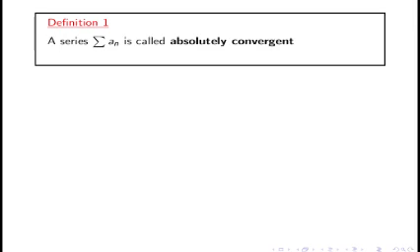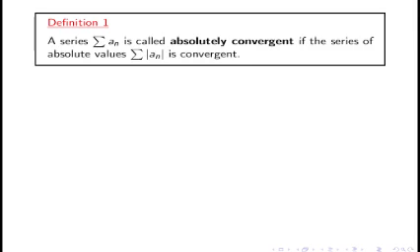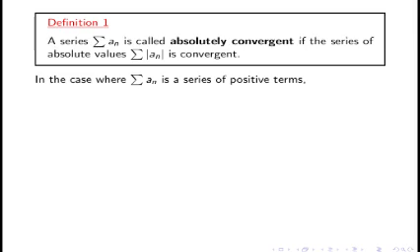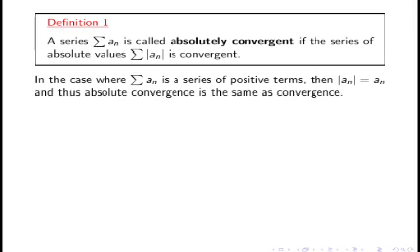Okay, so our first definition for the section is, a series is called absolutely convergent if the series of absolute values is convergent. So, simple, straightforward definition. Notice that if we start off with a series in which all the terms are positive anyway, then obviously the absolute value of a positive number is the same number.